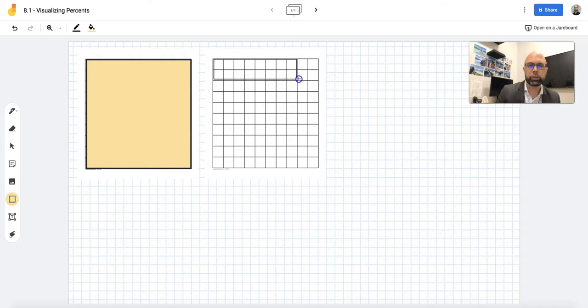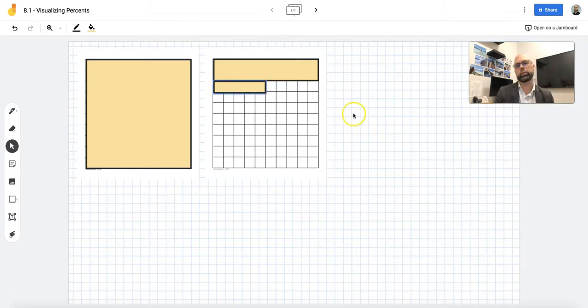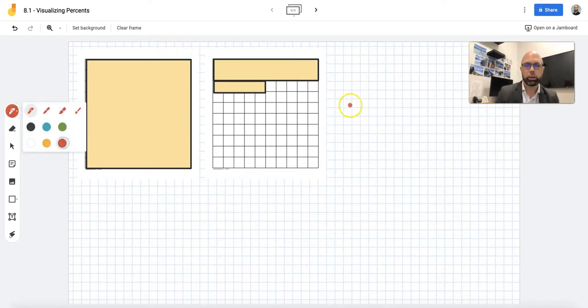We want 25%, so we'll shade in this, and we'll shade in this. I wish it could all be one piece, but you see what I'm doing here. So this is equal to 125%, right? This is 1 whole, which equals 100%, and this is 25 out of 100.